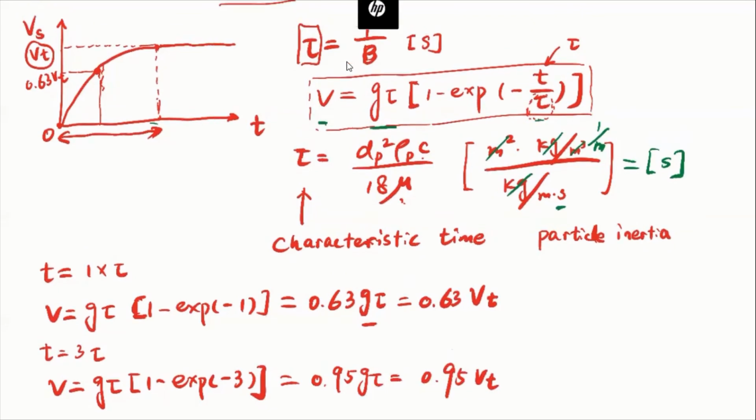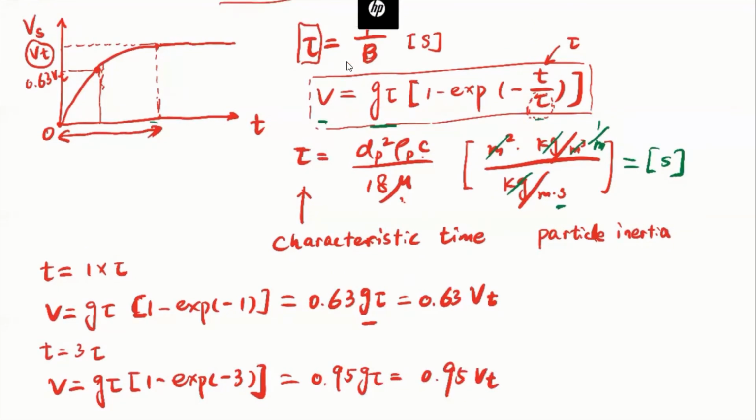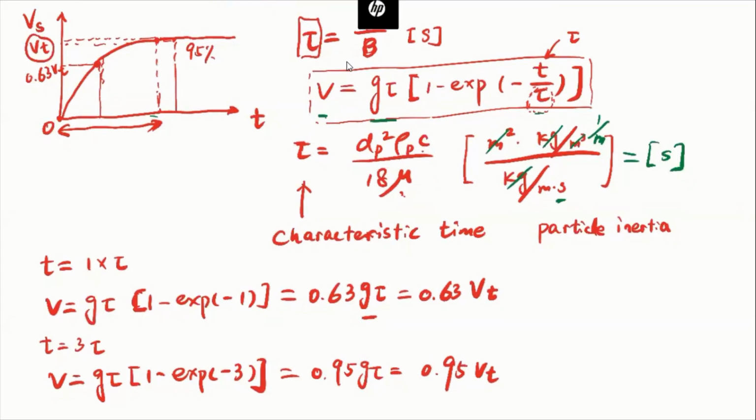Okay, so when time is equal to 3 times this characteristic time, then the velocity reaches around 95% of the terminal velocity. Okay, so this characteristic time really determines how fast the particle reaches its steady state, right? Then how large is this, or how long is this characteristic time?